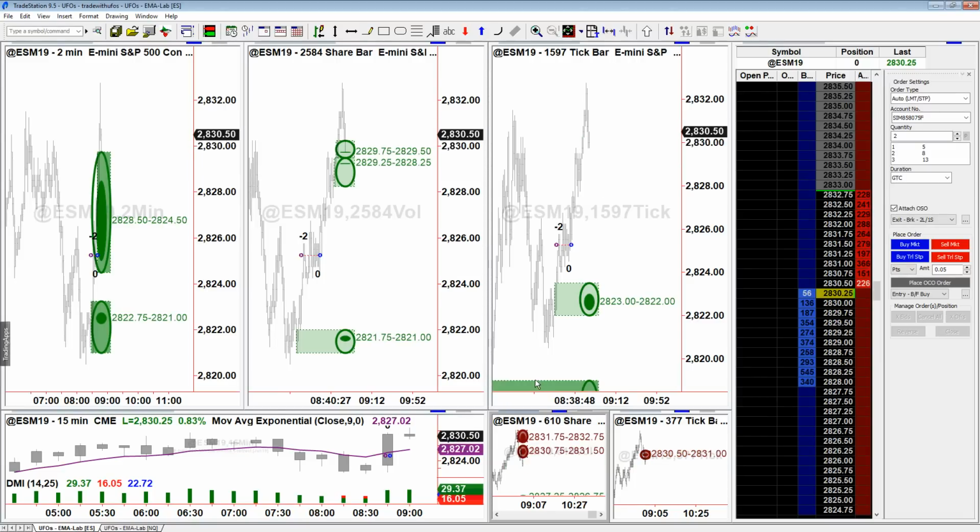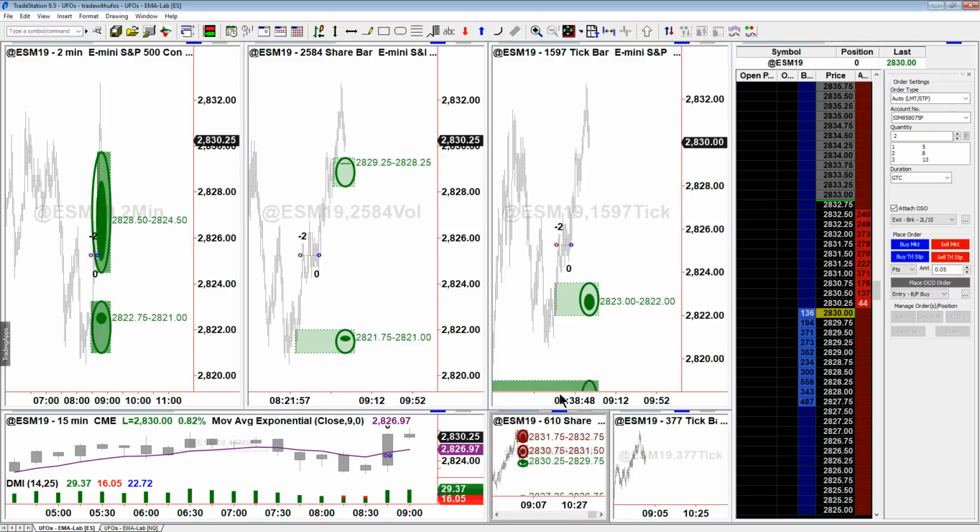I'm just gonna have to watch this average as price comes down. I wanna make sure this value is above 24.5, okay? And as it's going down, I can see it was 28, now it's 27. So I just need to watch that figure. I don't wanna buy below the average, okay? That would be a problem. So let's go for it. So 28.5 will be my entry. I'm gonna get long here.